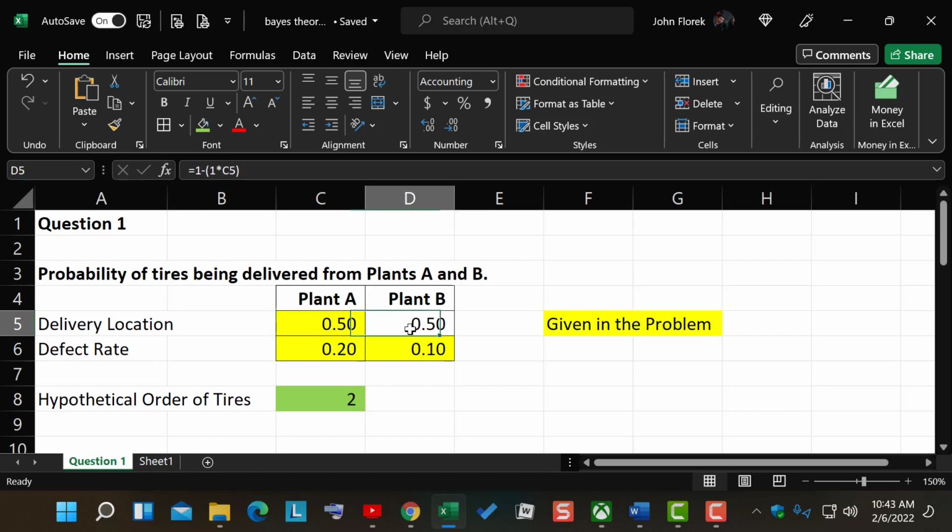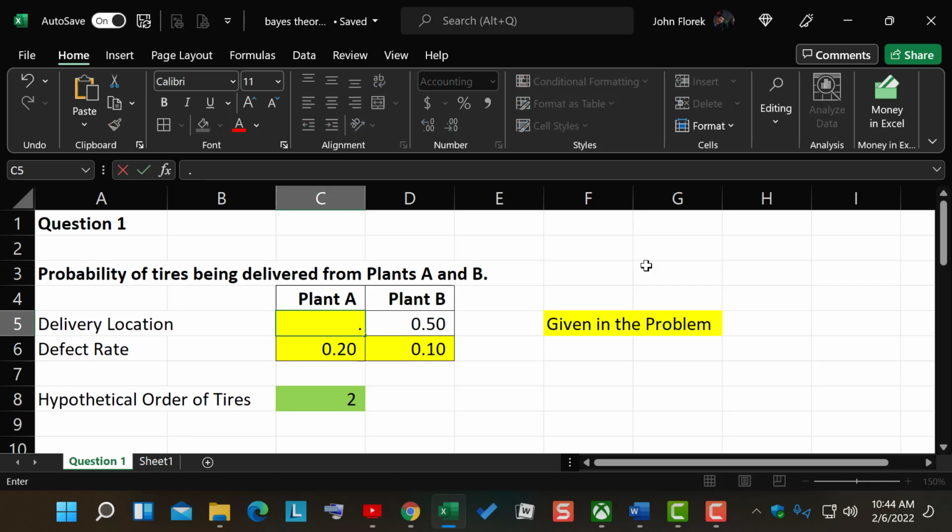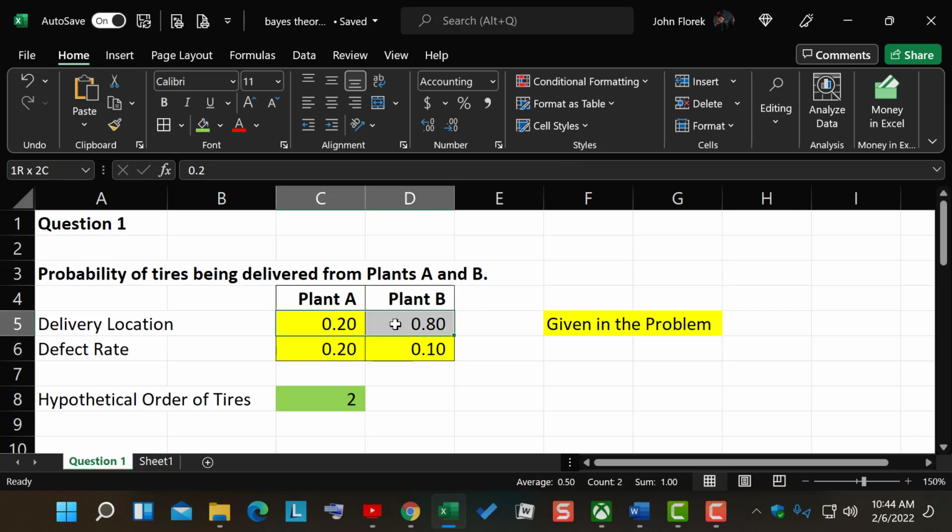So it is the number 1 minus 1 times C5, and that will always give you the inverse. So let's say they reduced it to 0.2 coming from plant A, then plant B automatically jumps to the correct 0.8, because it has to total 1.